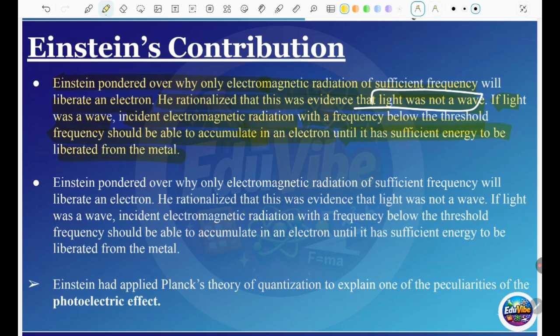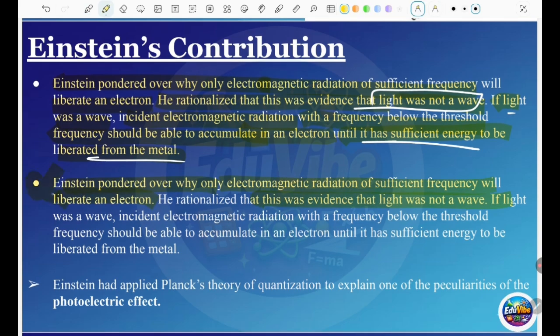So a minimum threshold frequency would not be required. When that happens, we could say that light was a wave.